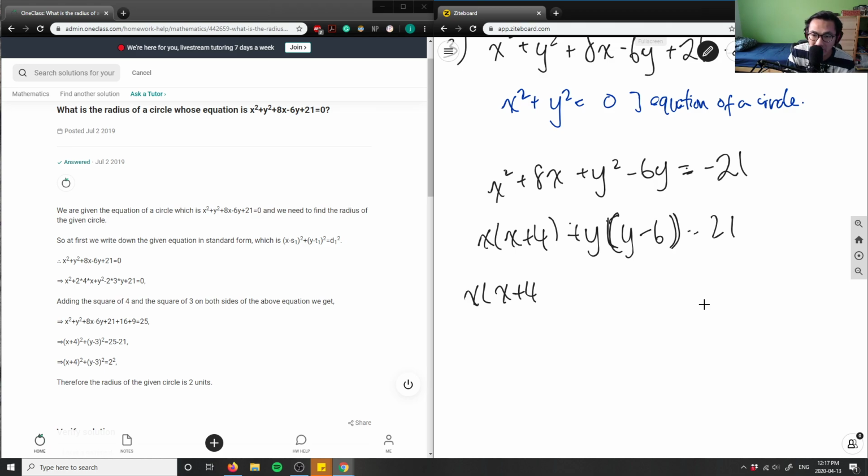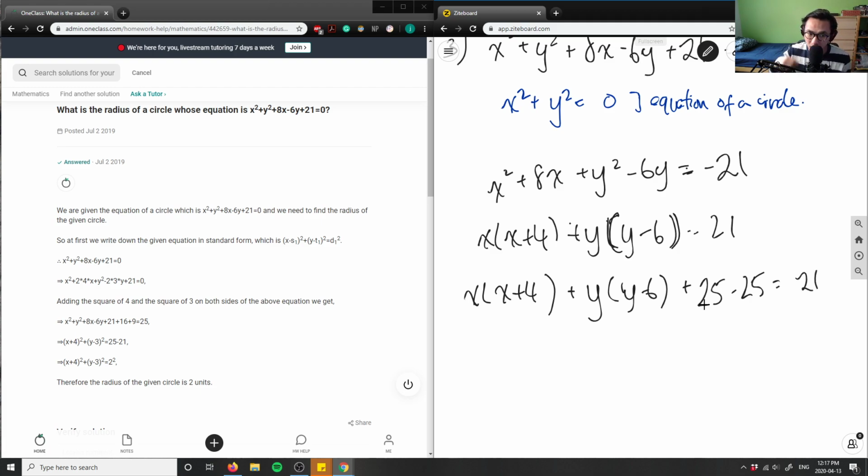So how I would write this is I would write this as y minus 6, and then I'm adding the square of 4 plus the square of 3. So that's 16 plus 9 here, which is 25. So it's 25 minus 25 here equals 21.